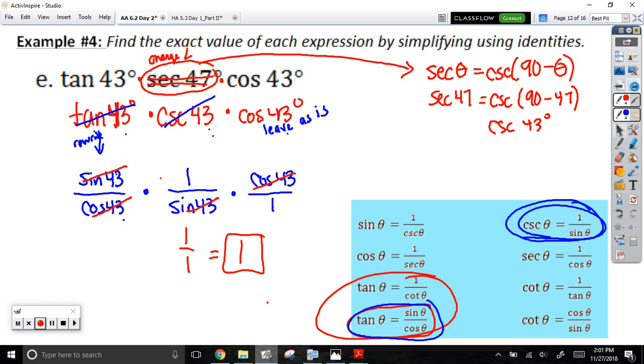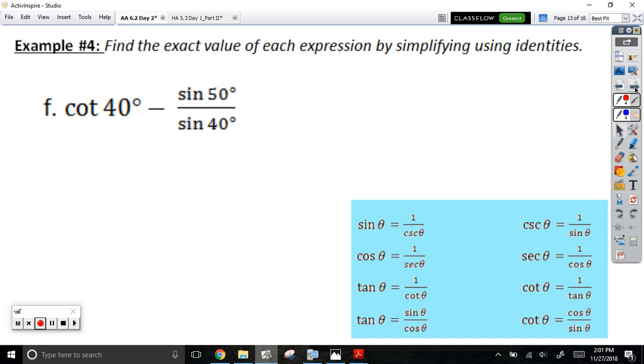Okay, next one. First, check our angles. We see 40, 50, and 40. So we need to change the angle using the complementary angle theorems. So sine of theta is equal to cosine of 90 minus theta.